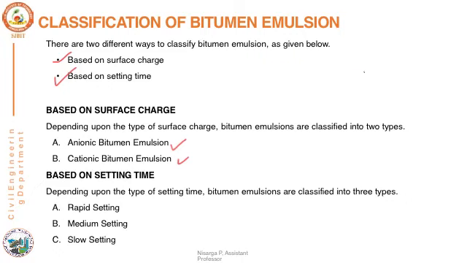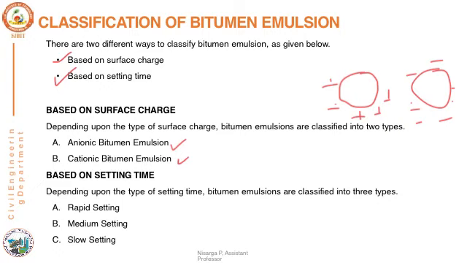What is the meaning of surface charges? We know that any molecule bears a surface charge, either positive or negative. Depending upon what surface charge exists on the bitumen globule, we have this classification. The second type is based upon the setting time.